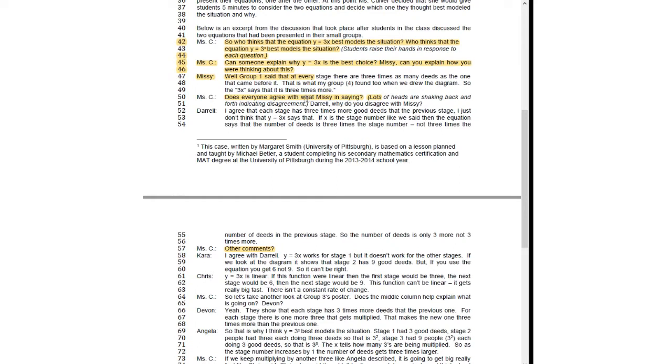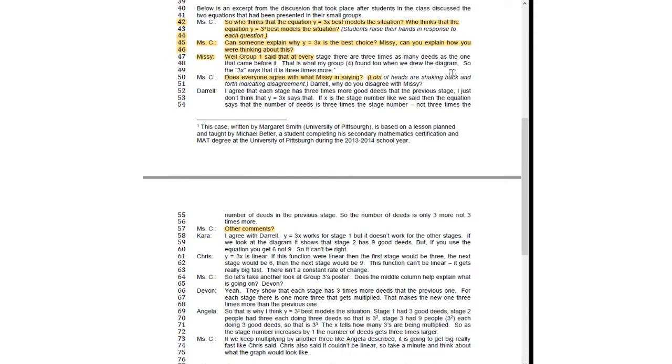She starts the whole class discussion by asking, so who thinks that the equation y equals 3 times x best models the situation? And who thinks that the equation y equals 3 to the x best models the situation? Can someone explain why? This generated mathematical discussion among her students.